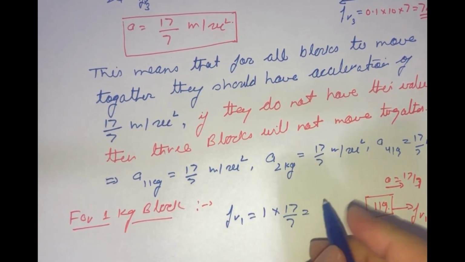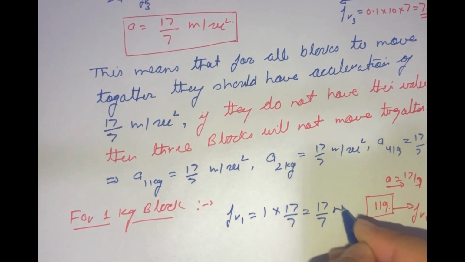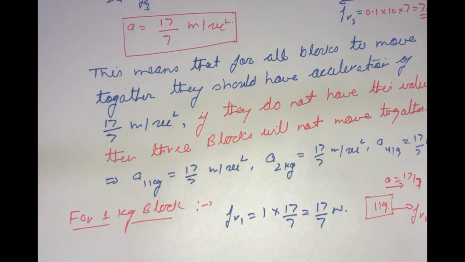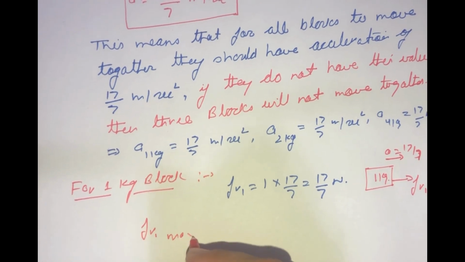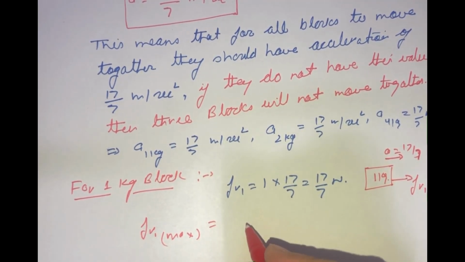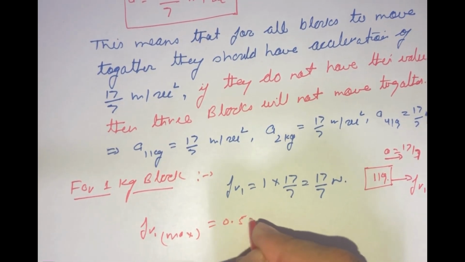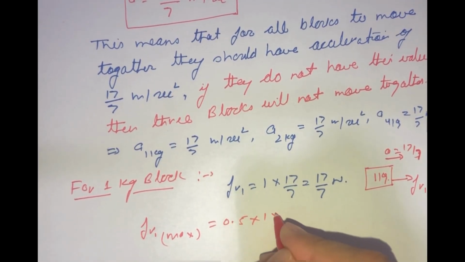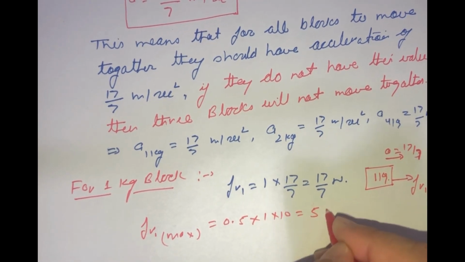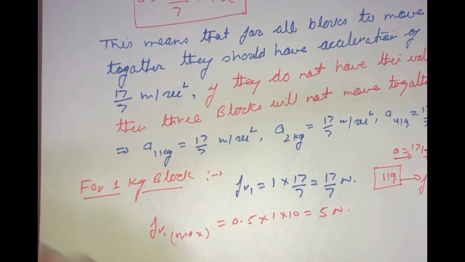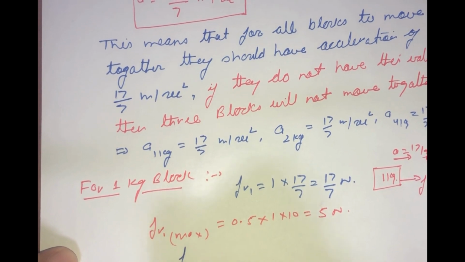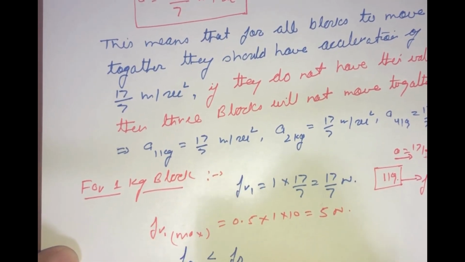So we get Fr1 as 17/7 newtons. Now let us find out Fr1 maximum. So we get the coefficient of friction is 0.5, mass is 1 kg and G is 10, so this is giving us 5 Newton. So from this value we can say that our Fr1 is less than Fr1 maximum.